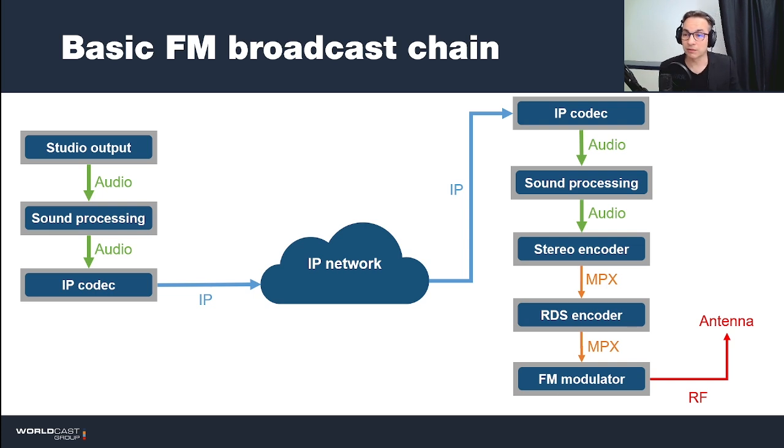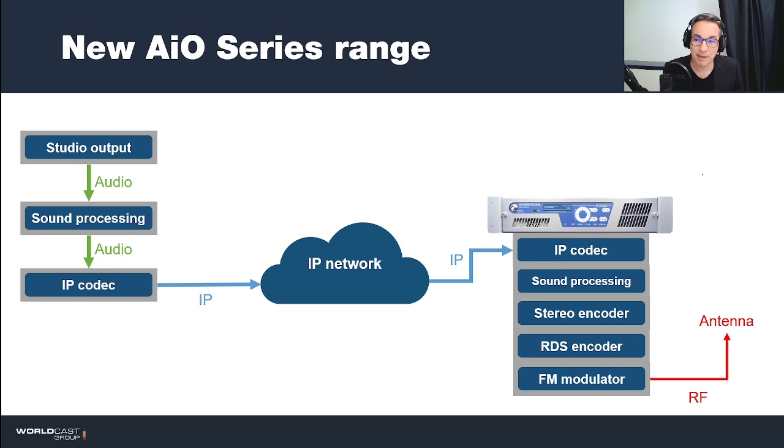So let's take our broadcasting chain and have a look. This is the chain as we described just before, and if we improve it by replacing all the separate equipment with a single EXO-FM IO series transmitter, we see that all the features that we had previously in separate equipment are now integrated as software inside the digital modulator of our EXO-FM transmitter.